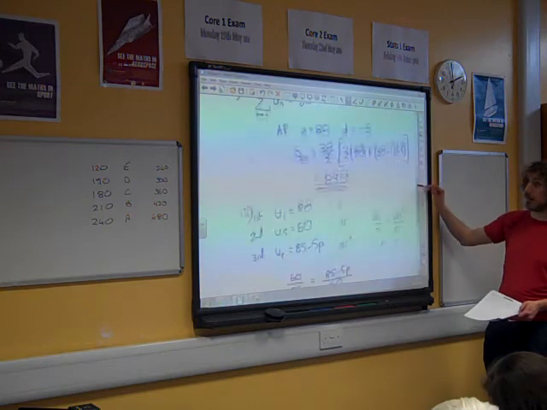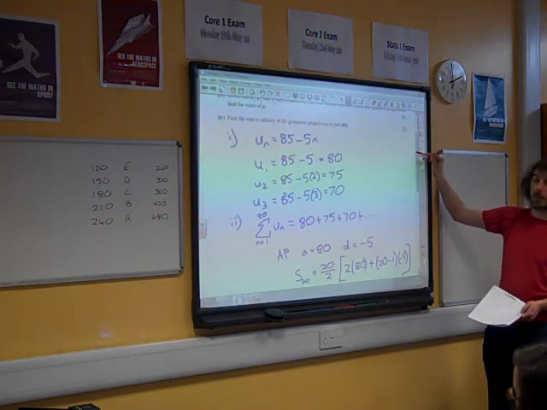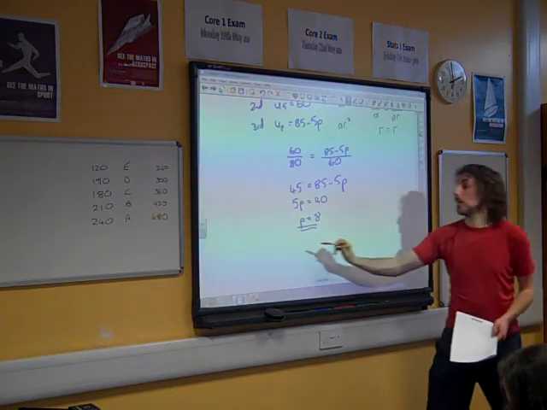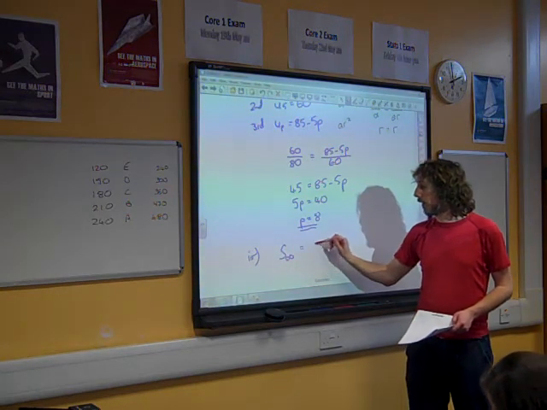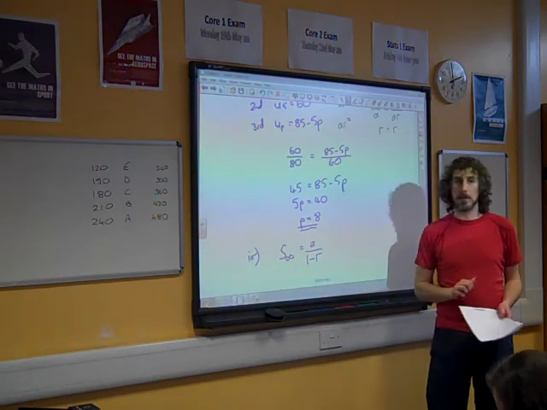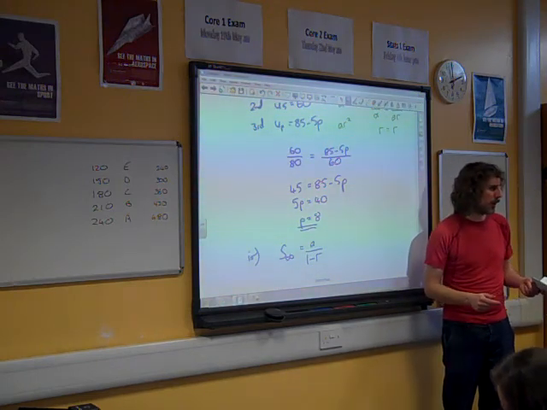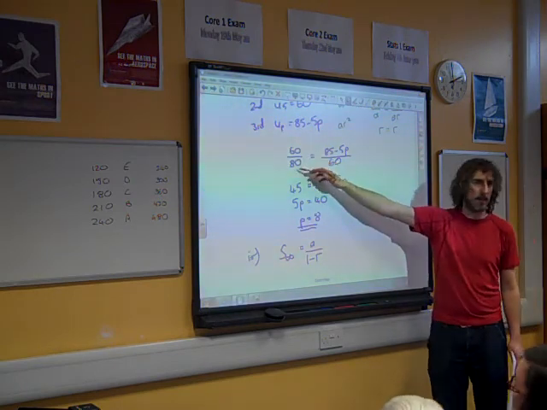And then, finally, it said, find the sum to infinity of this geometric progression. Well, the sum to infinity is a over 1 minus r from your formula booklet. But in order to do that, we need to know what r is, don't we? And we've never actually said that in here, except it's there.